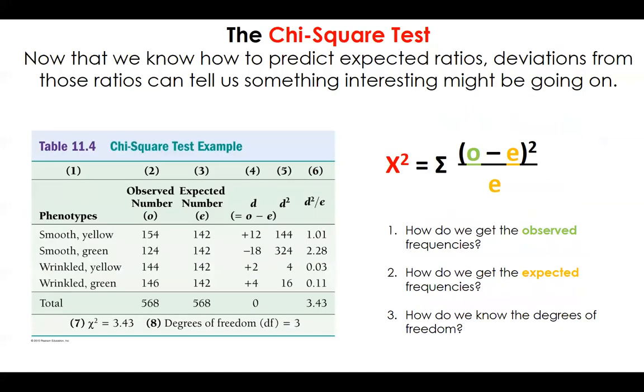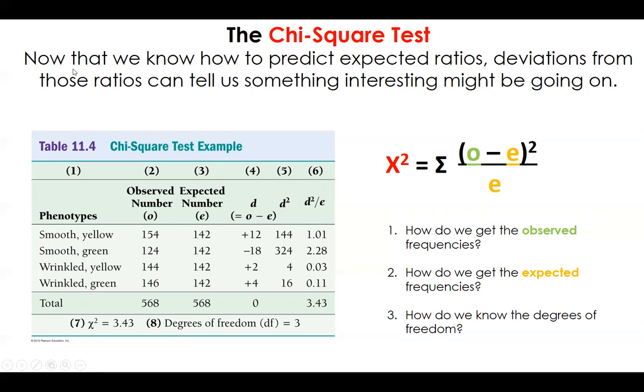Generally speaking, the chi-square test is a statistical test that allows you to test, given a null hypothesis, whether any deviation from it is due to chance, or whether we're going to see something meaningful causing deviations.